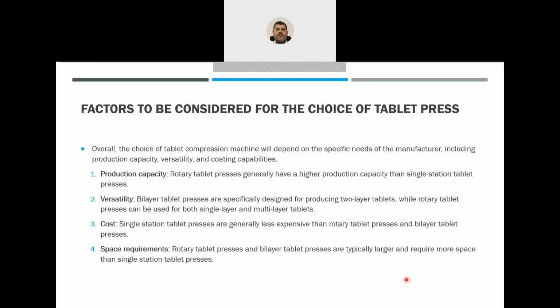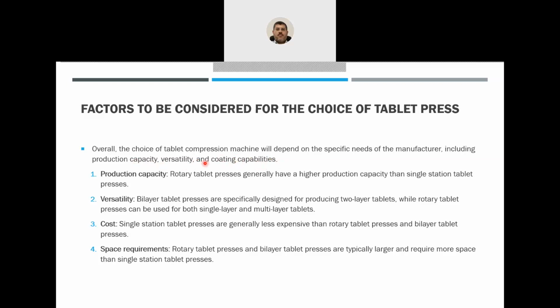Okay, so when we want to choose a tablet press for our manufacturing plant, how do we choose them? Which factors should we consider for the choice of the machine? So the most important is the manufacturing need, specific needs of the manufacturer, including production capacity, versatility, and coating capabilities.